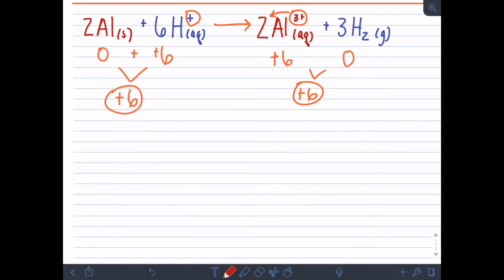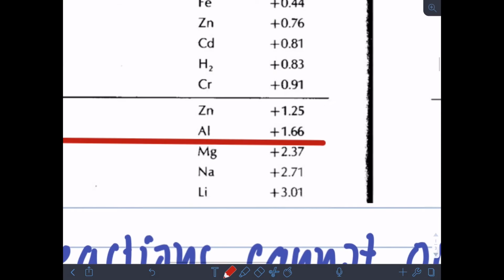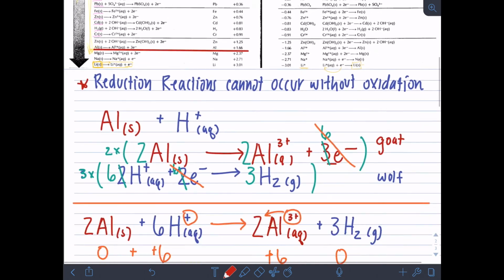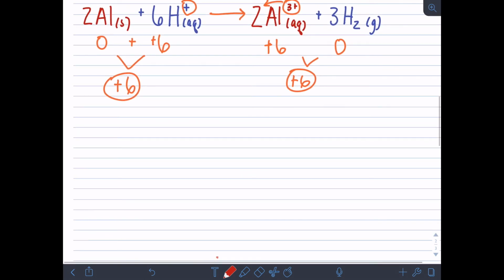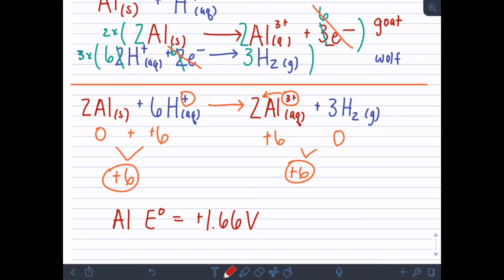So we go back to our half reaction, and we see the electrode potential of aluminum is plus 1.66. You'll notice that I did not multiply it by my multiplier up at the top.